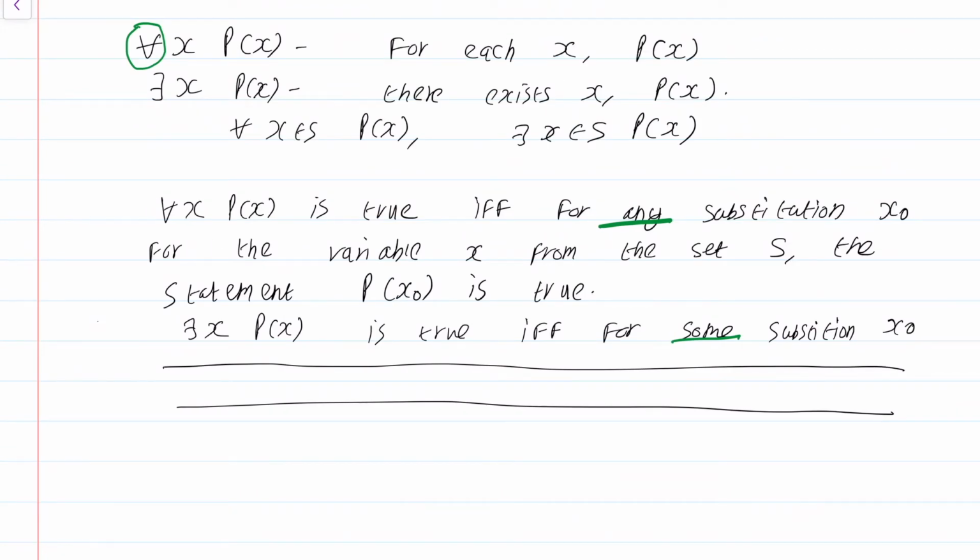Now let's see some examples of existential and universal quantifiers. Let us define what it means for a number to be even using quantifiers. We can define the property e of x to mean x is an even number. How do you define this? Well, you have to use quite a complicated statement even for this simple property.